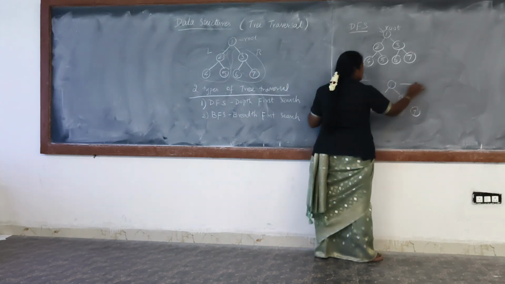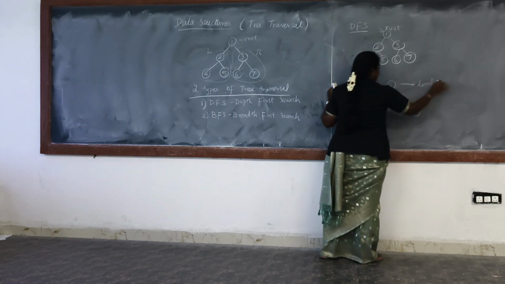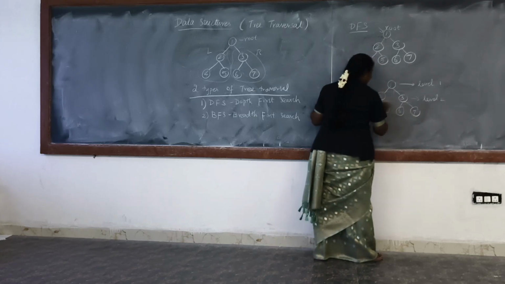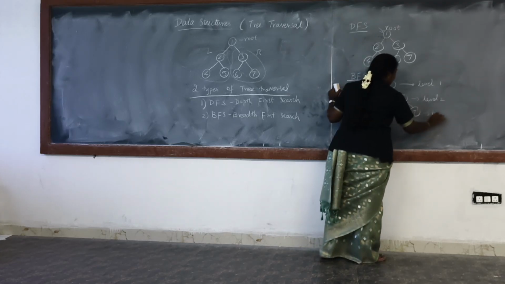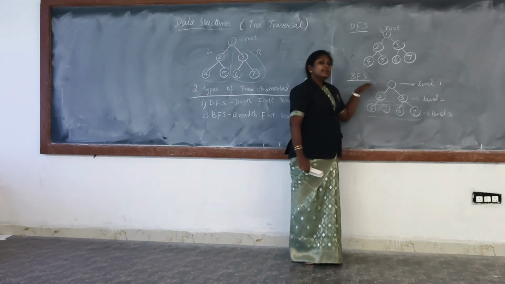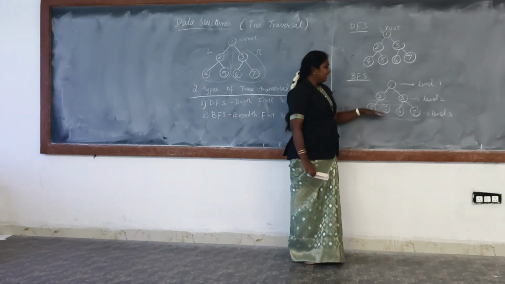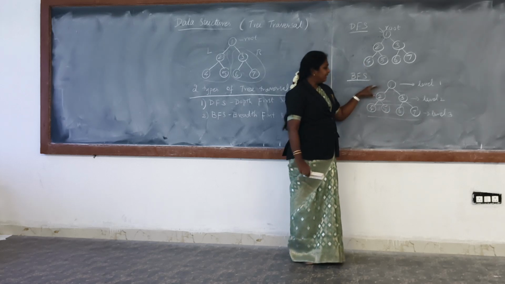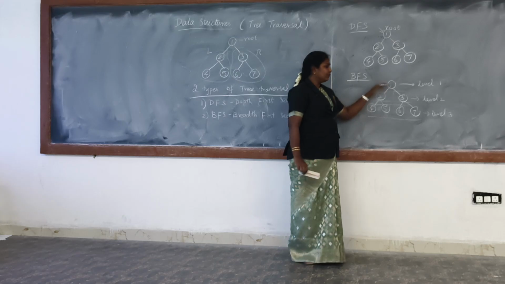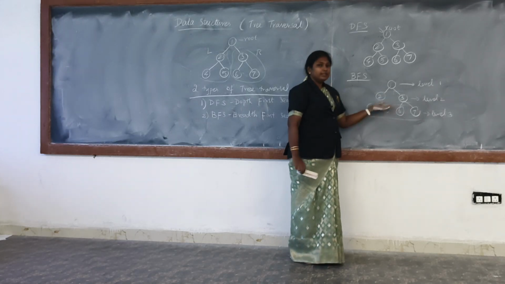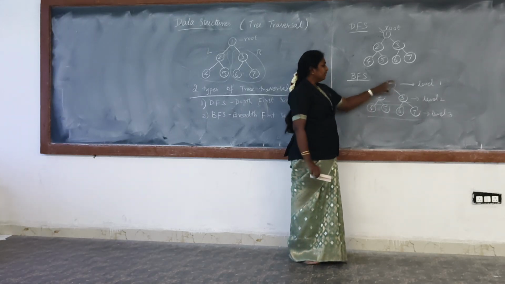So this is level 1, and these two nodes are under level 2, and all the other nodes under level 3. So the root is in the first level, the subnodes of 1, which are 2 and 3, are in the next level, and the subnodes of 2 and 3 are in the next level, level 3. So these are the levels.